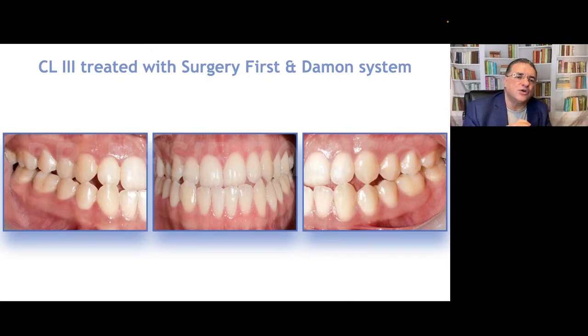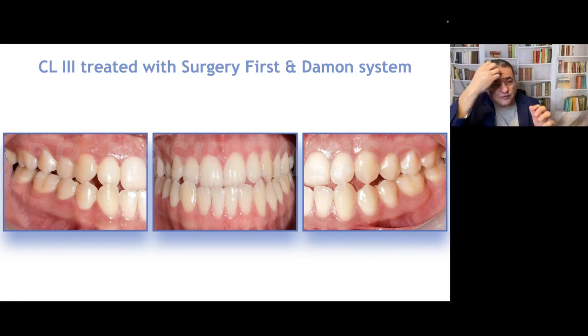So let's see her occlusion. Can we treat this patient with camouflage with brackets? Yes, we can do it like the other patient. She's a female. My first choice is surgical, but I didn't need to convince this patient because she already was convinced.